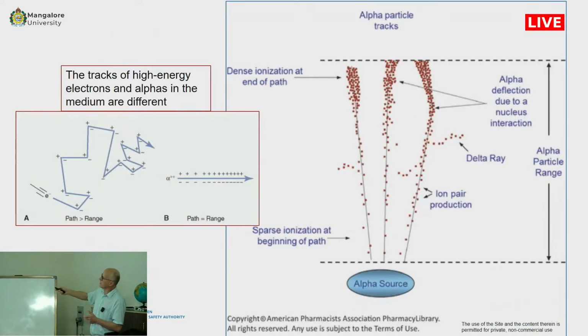Okay, you can see here is an alpha source, a very thin source. Alphas going this way to the material. And for example, this is a typical alpha particle track. It's a more or less straight line. And at the very end of the track, the ionization is very strong.